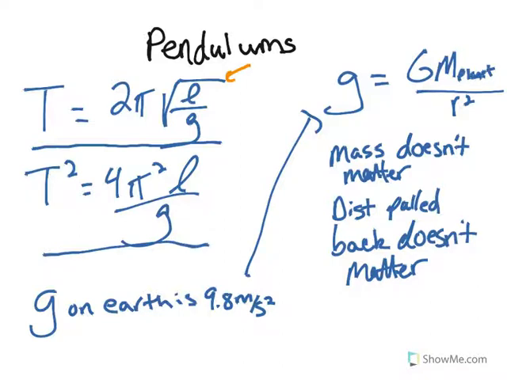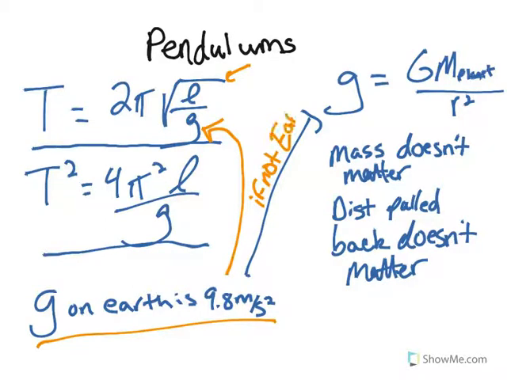So they get rid of the square root by squaring the time, the 2, the pi, and then the L over G don't get squared because they're underneath the square root. Know that G on Earth is 9.8 meters per second squared, so that's what would go in here if it's on the Earth. But if it's not on Earth, you would have to somehow use this formula to figure out what G was.